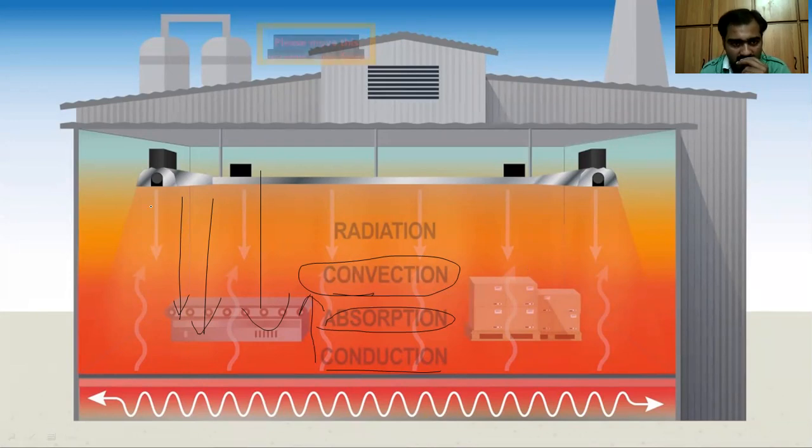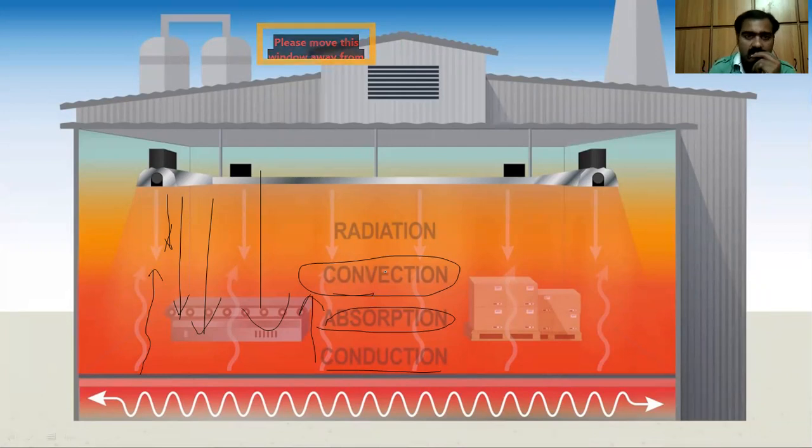That's why the radiation has been designed in this downward direction. By resistance heating, the heat is transferred from the surface through conduction, absorption and convection. Okay.